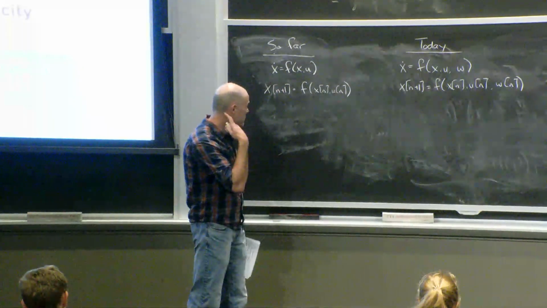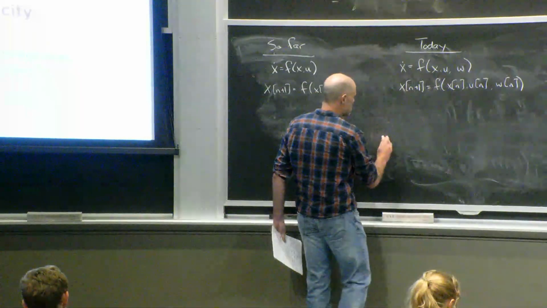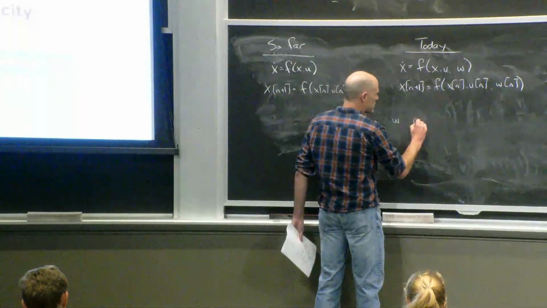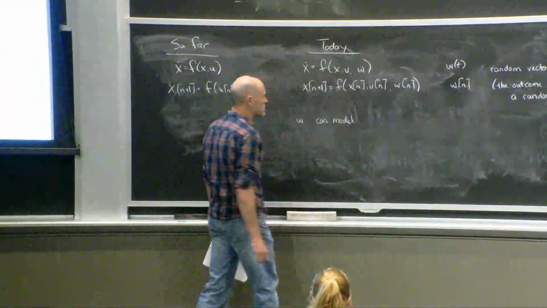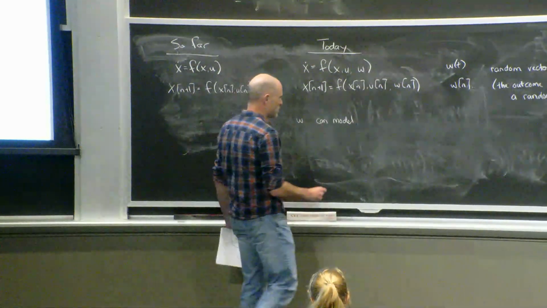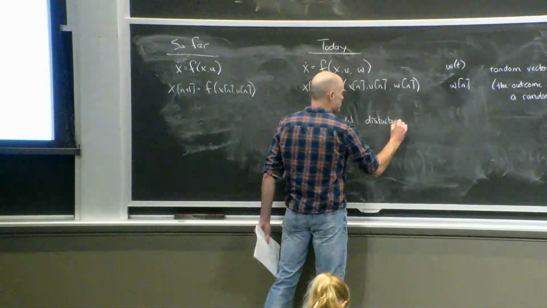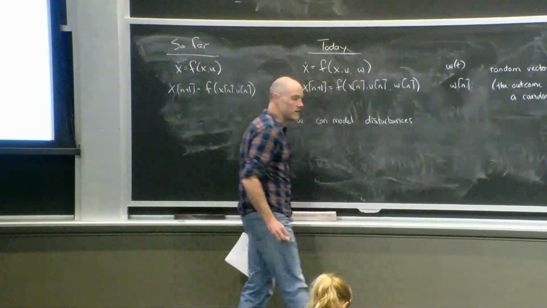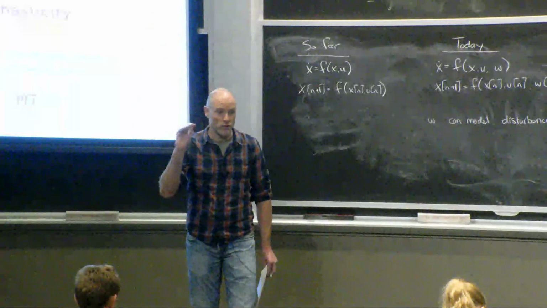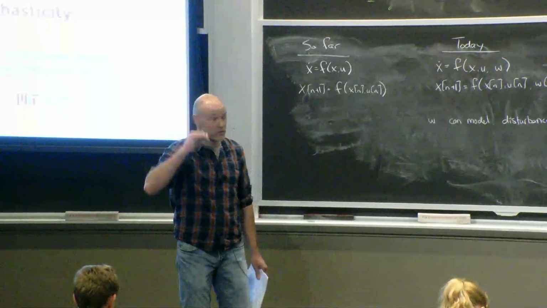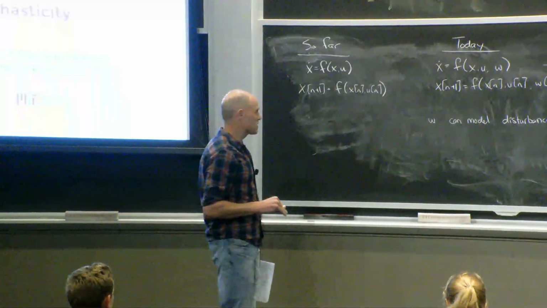Now, this is actually an extremely general form. W can model a bunch of things. It can model disturbances, if you will. Maybe you're a UAV flying in the wind, and you want the wind to come in as a random process. You could use W to seed the perturbations that describe the wind.